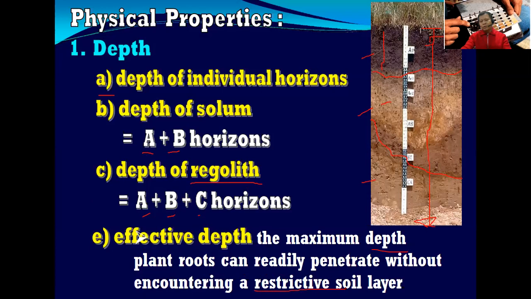Kung maabot siya ng roots na walang impedance, walang restriction, then that refers to the effective depth of a soil profile. Effective depth may reach as far as C and even as far as bedrock, as long as the roots are able to penetrate that layer. But kung hindi niya kaya mag-penetrate, hindi na kasama sa effective depth yan.